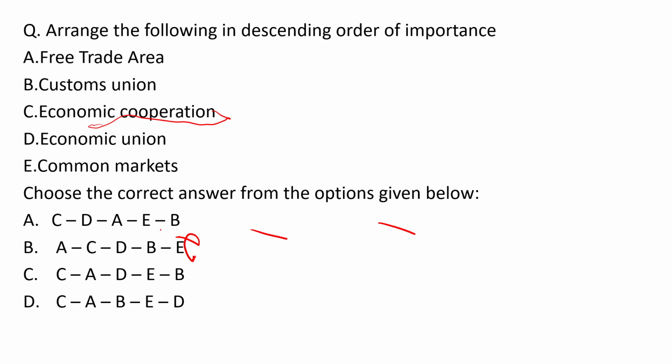After C, then the free trade area will be there. After the free trade area, you will get the customs union. After the customs union, we will have the common market, and at last we will have the economic union. So the right answer is option D.